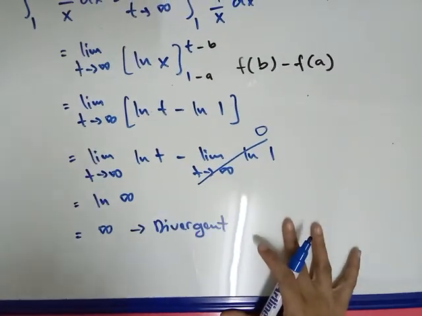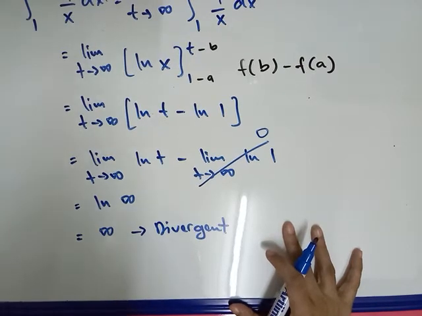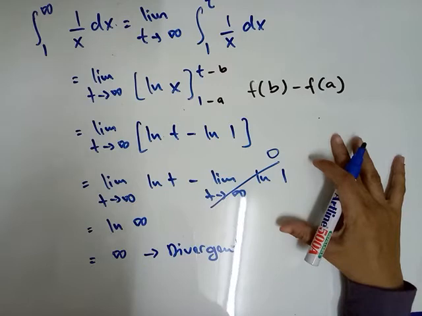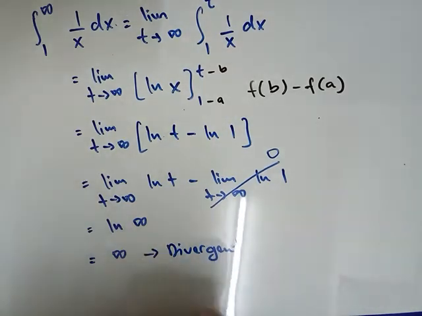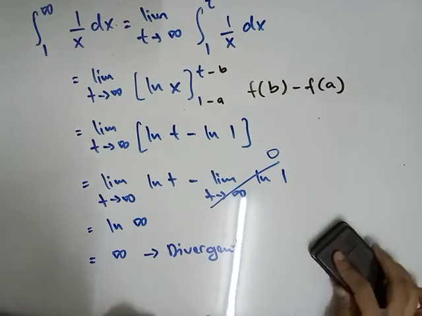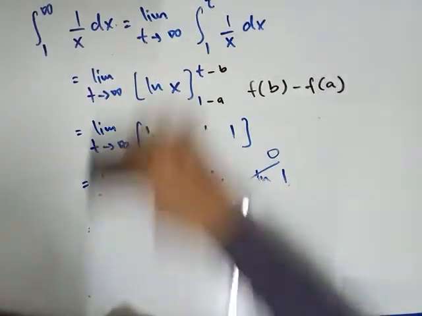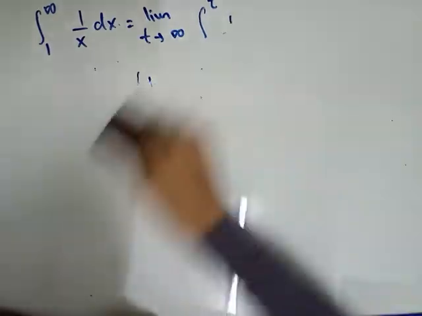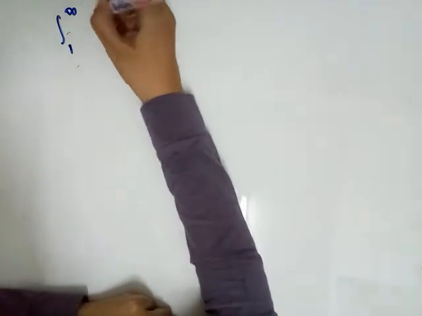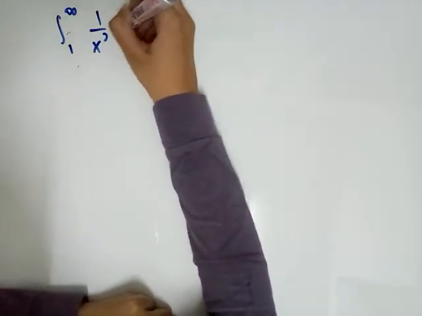Can you understand this? To identify whether this integral is convergent or divergent, this is the concept here. Okay, I give you another example. Let's say we have the integral from 1 to infinity of 1 over x squared dx.